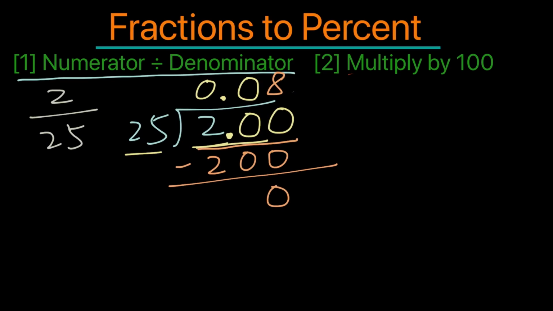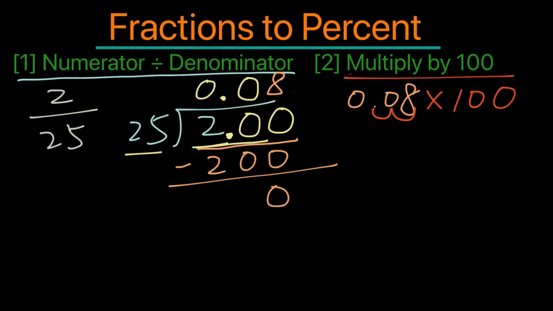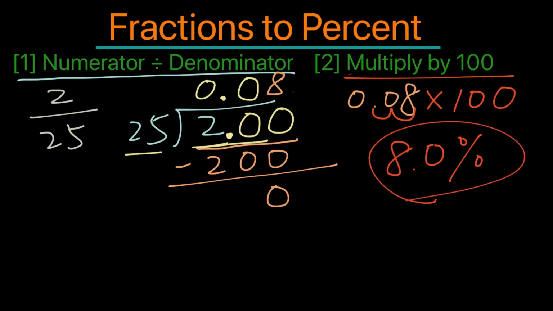So that equals 0, and that's our answer at 0.08. And then we'll do the second step, which is multiplying by 100. And then again, we're moving 2 decimal points to the right, and that will give us 8% as the answer. So this means that 2/25 equals 8%.